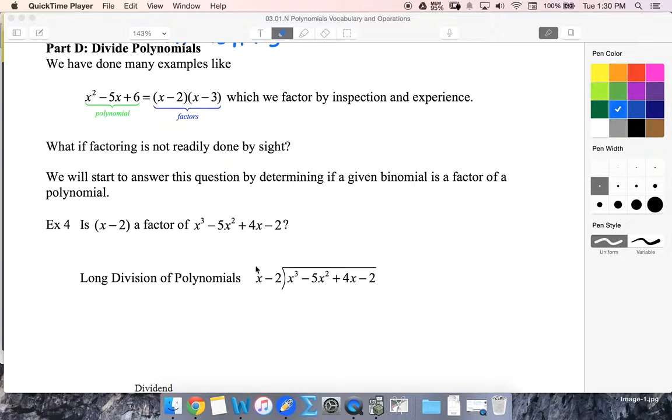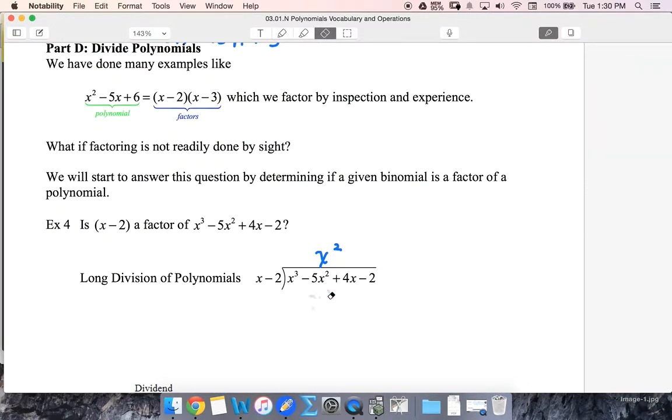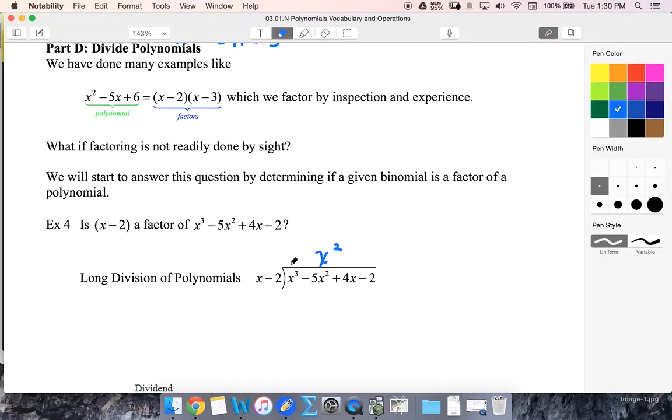So if I start with x and I need to end up with x cubed, that means we have to multiply x by x squared. So I'm going to line up the x squared. x times x squared is x cubed. Negative 2 times x squared is negative 2x squared.